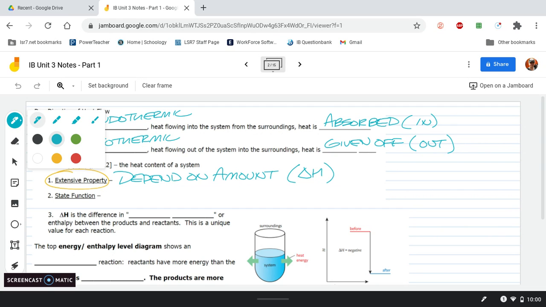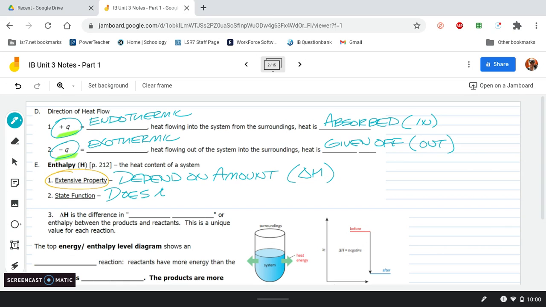So the state function does not depend on the path, and we'll talk about paths here in a minute.